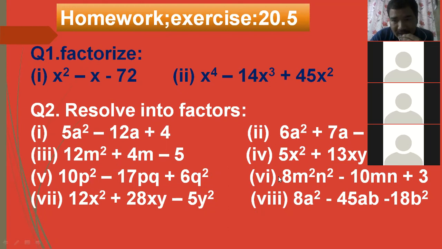Okay, number 6, look here. 8 threes are 24, right? Then to get 10 you will write 6 plus 4, because 6 fours are 24 and 6 plus 4 is 10. Then number 7, 12 fives are minus 60.